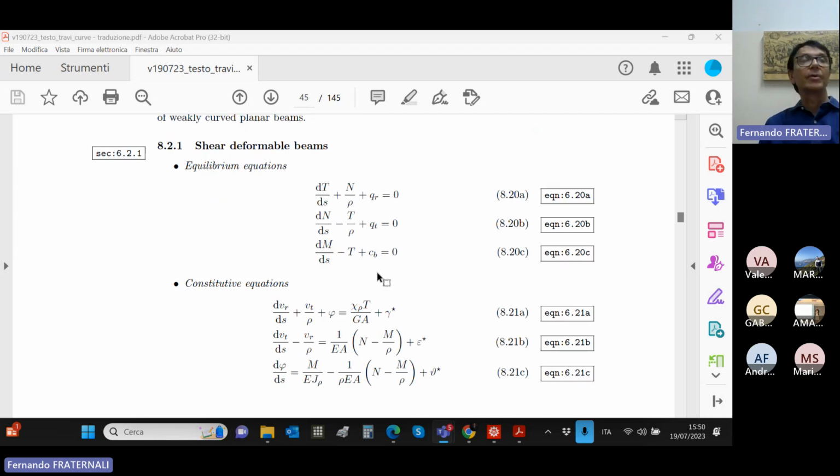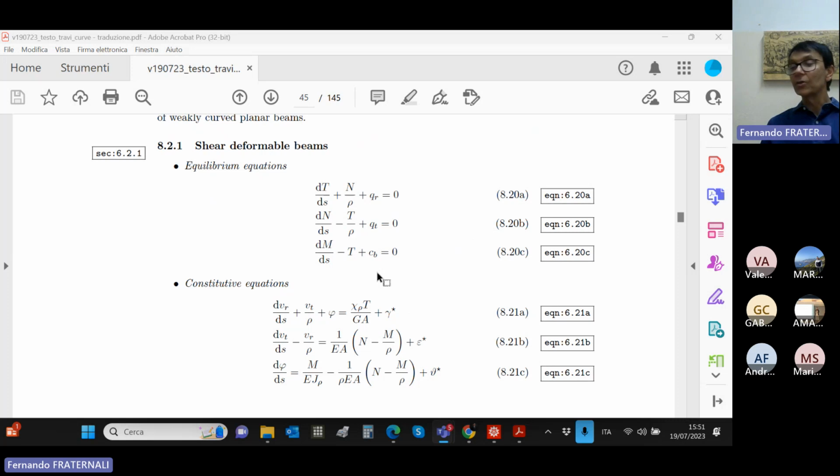In the constitutive equation, we also introduce the eigen strains, gamma star, epsilon star, theta star. These are eigen strains introduced, for example, to account for thermal or hygrometric effects, hygrothermal effects, more generally speaking.